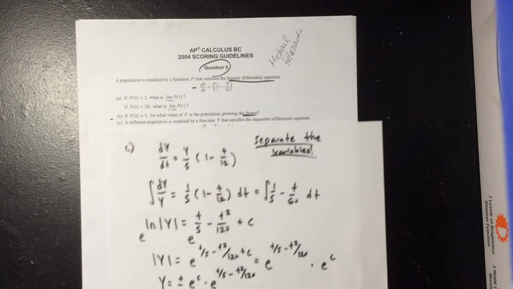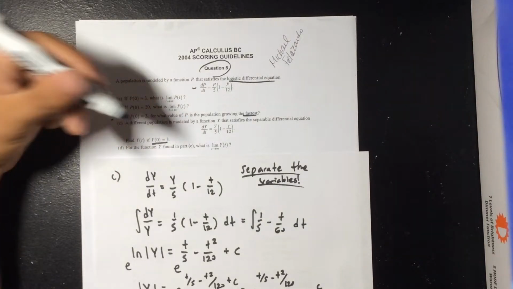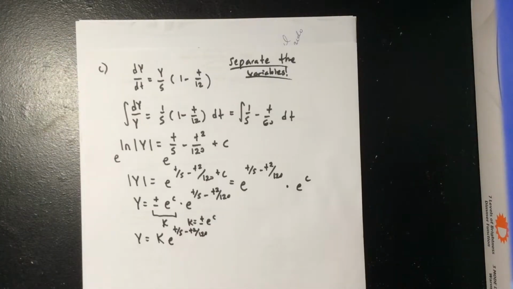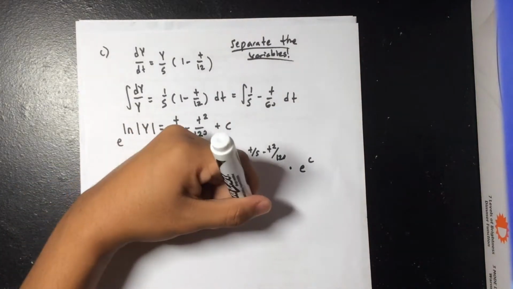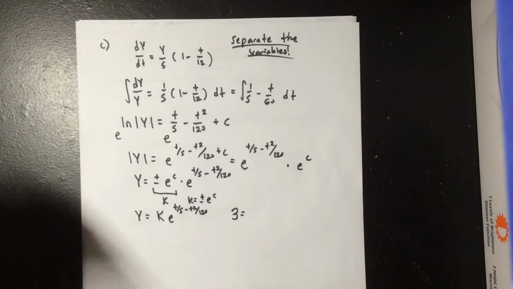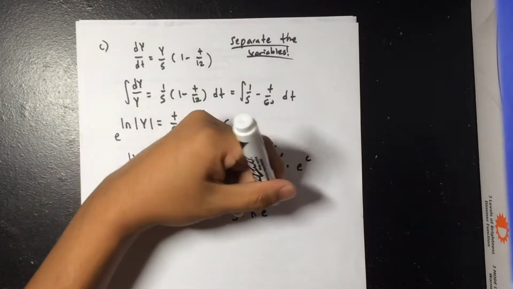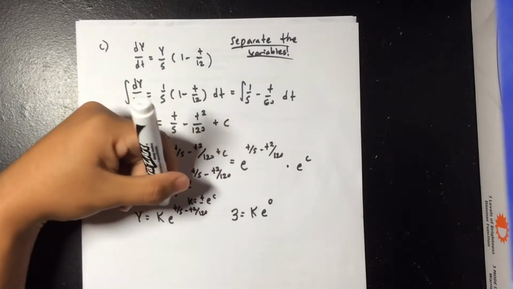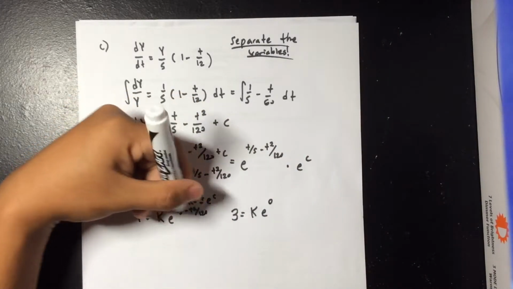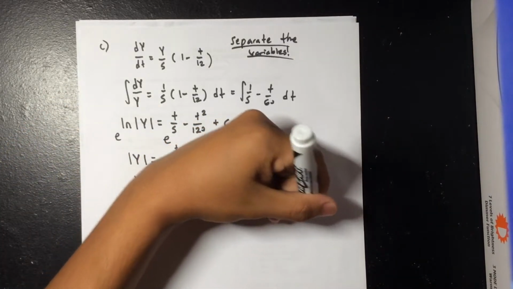From there we can plug in our initial condition, which is y of 0 is equal to 3. So 3 is equal to k times e to the 0 power, essentially. If you plug in 0 into both of these, you get 0. So basically you get 3 equals k.